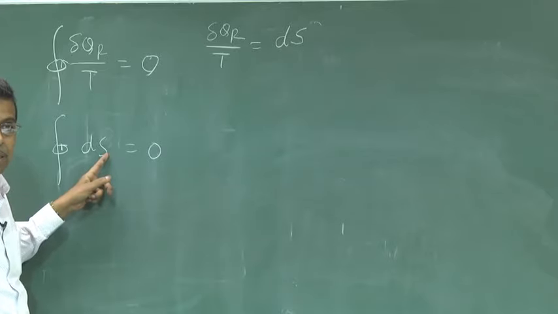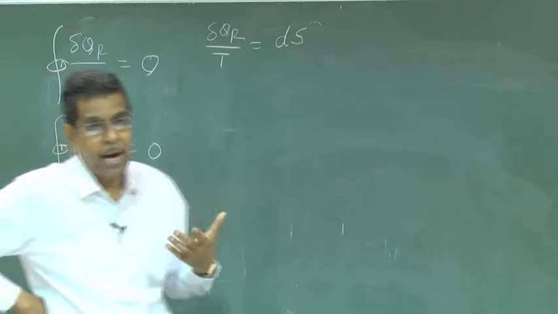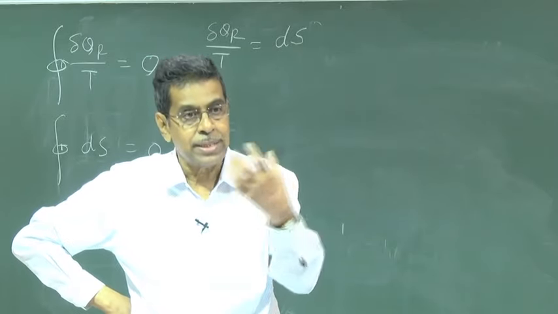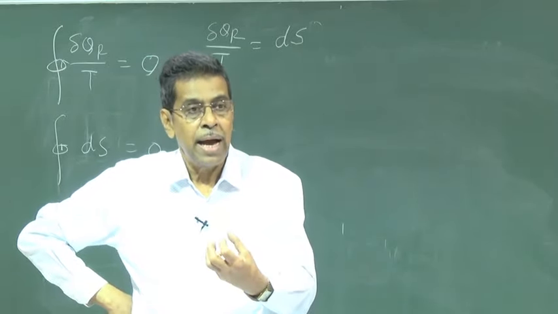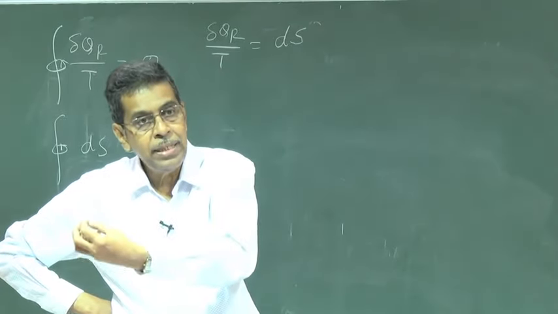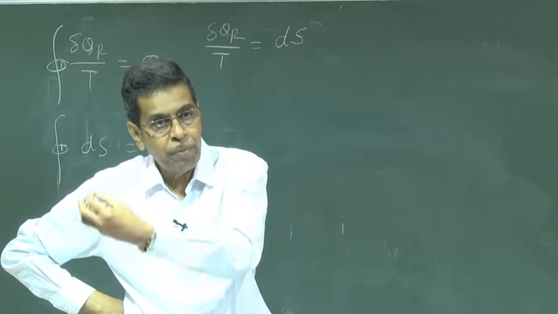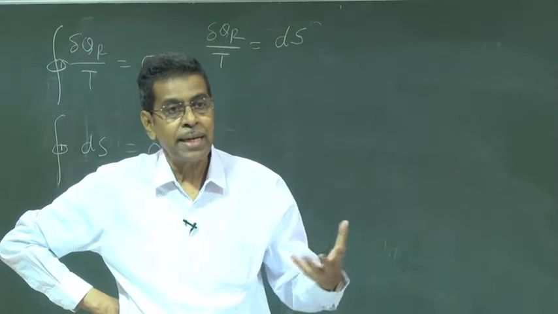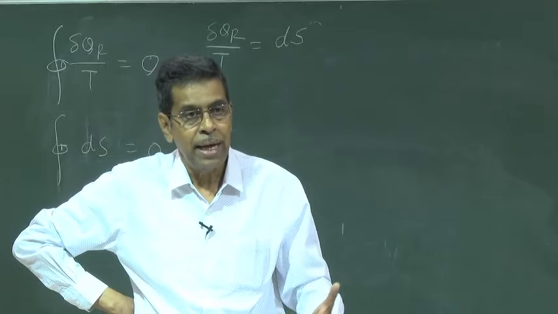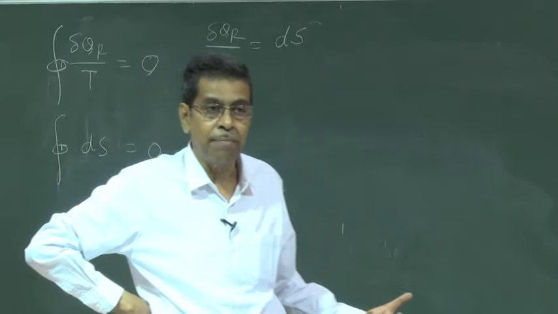and this becomes a property of the system. The way you read earlier, we discussed that in the first law, δq minus δw has a cyclic integral of 0, and that is why δq minus δw is replaced by d of a point function, dE. The cyclic integral of dE is 0, because for a point function the cyclic integral is 0, and that way the definition of internal energy came up.